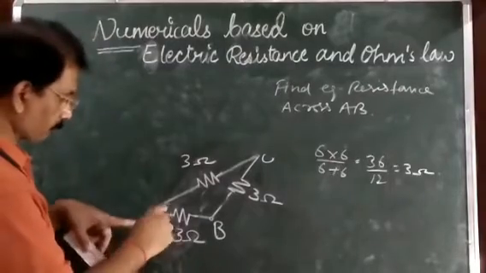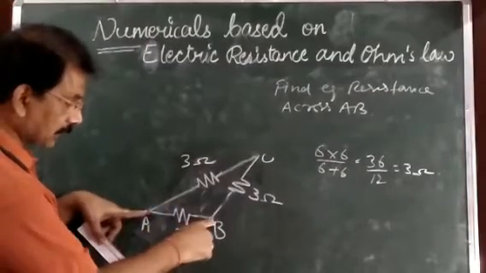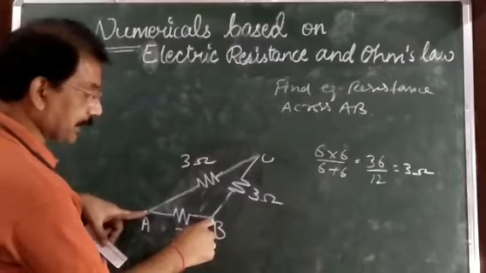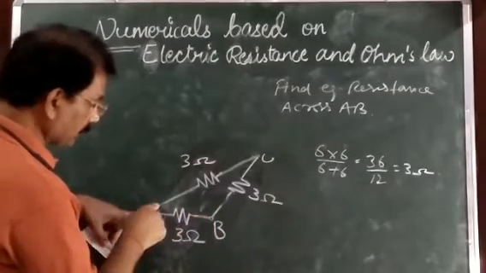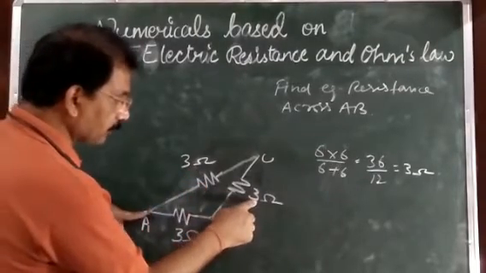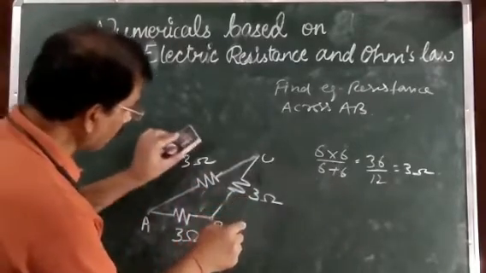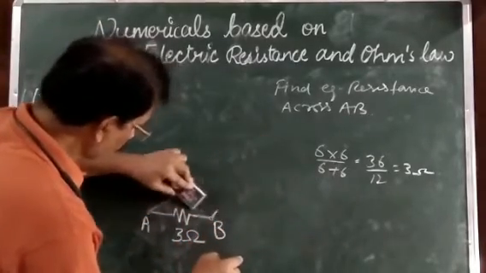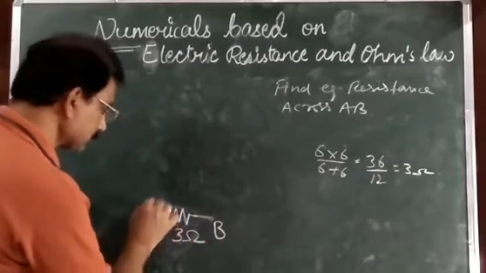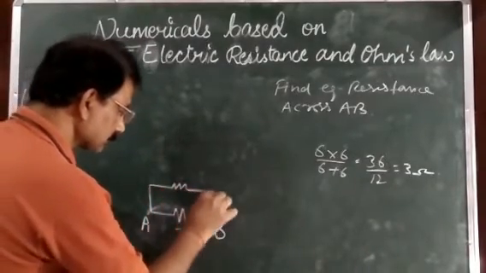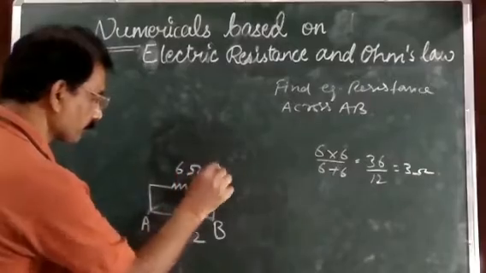And now you see, your aim is to find the equivalent resistance between A and B. Between A and B, these two 3 ohm and 3 ohm both are in series and their equivalent 6 ohm. So this one is how much here? 6 ohm.